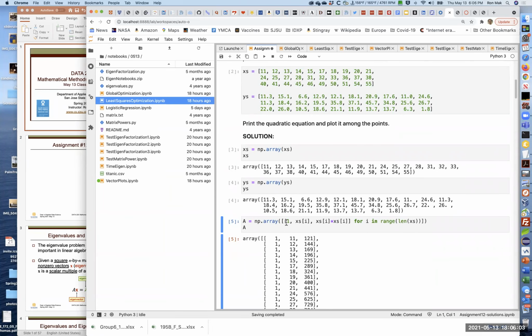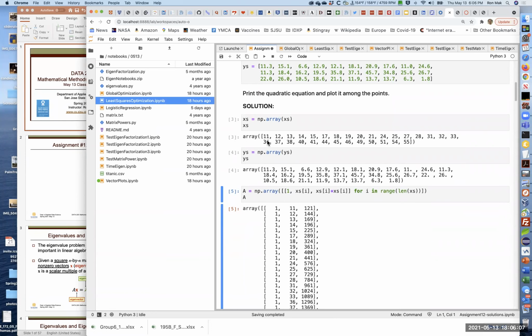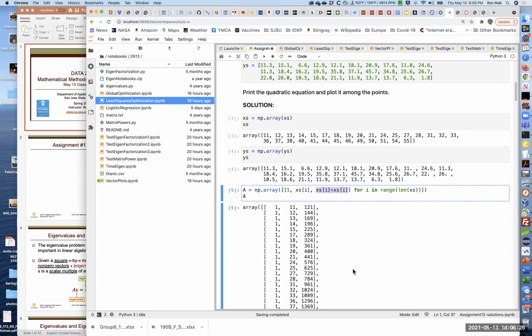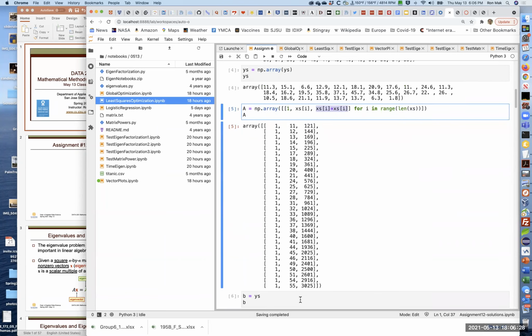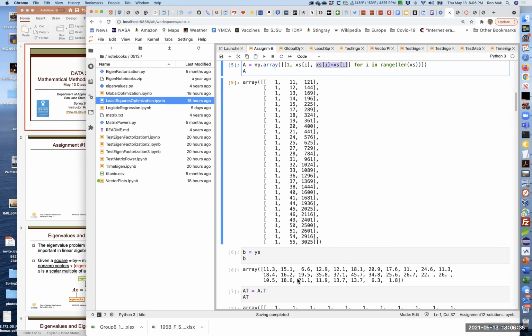The second column will be the x's, the x values 11, 12, 13, etc. You see them coming down here. Because this is a quadratic, the third column will be x squared. I basically just squared each value, and you can see the third column is x squared. The right hand side b is just the y's, so I set b equal to y, and there it is.